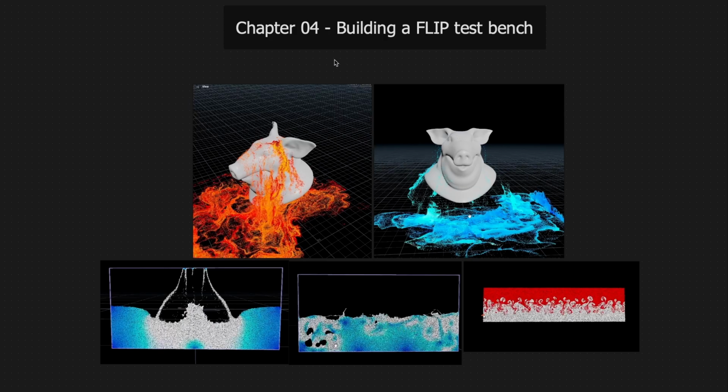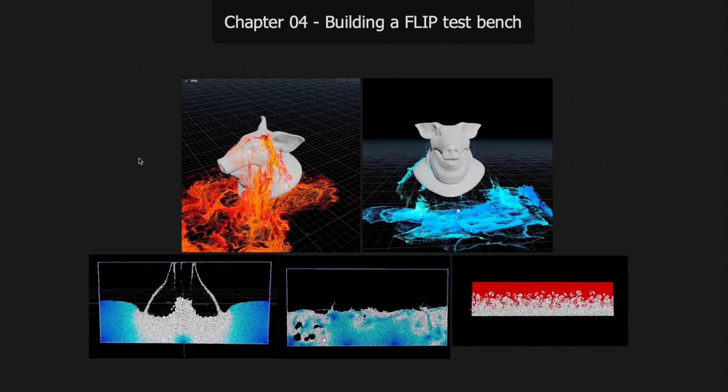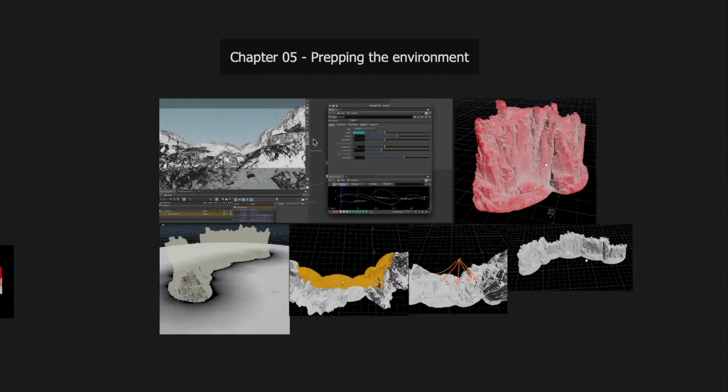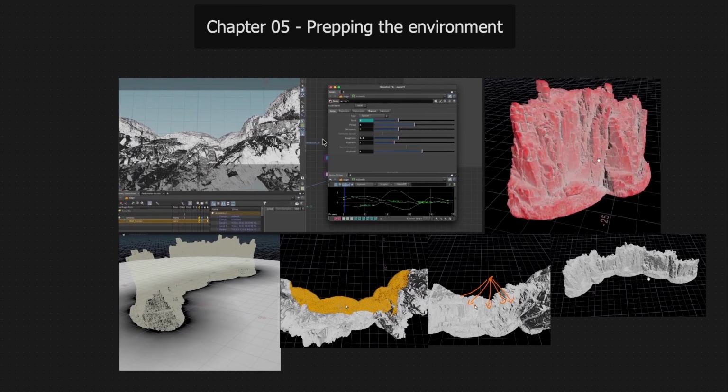So we'll use this as a way to create a test bench for us to test different settings that we will use later on in our main shot. So this is a very cool and important chapter. You'll see a lot of different looks and different dynamics using the FLIP solver. So that's chapter 4.